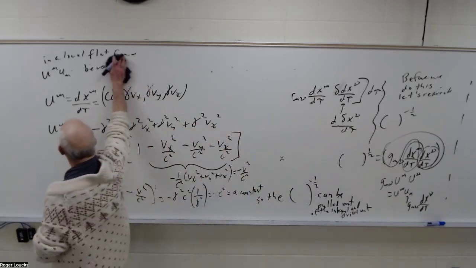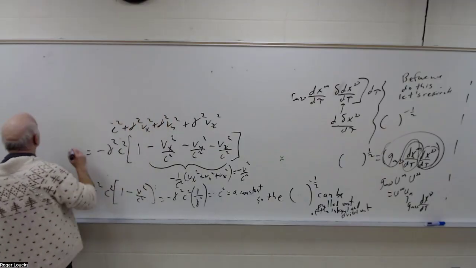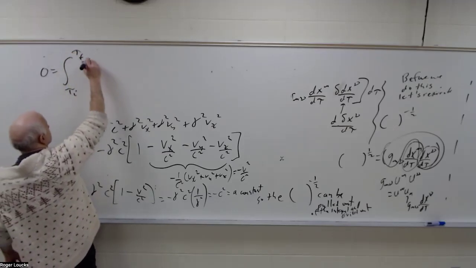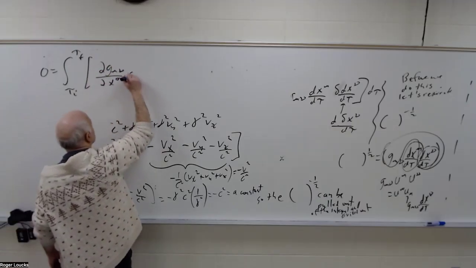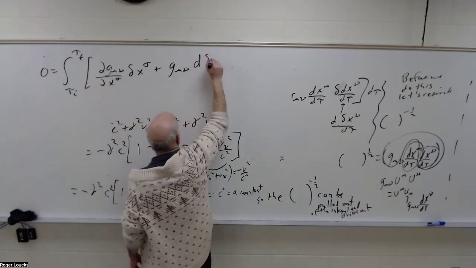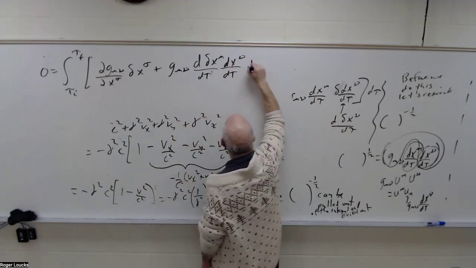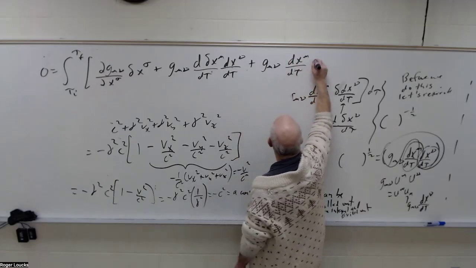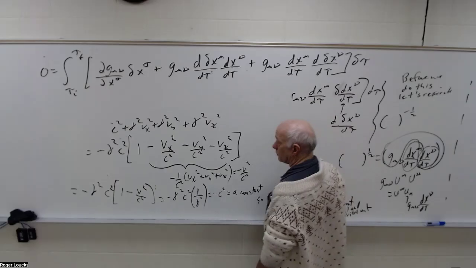What that leaves is the integral from tau initial to tau final of a big bracket: partial G mu nu with respect to X sigma, dx mu d tau dx nu d tau, plus G mu nu dx mu d tau d delta x nu d tau, and so on.